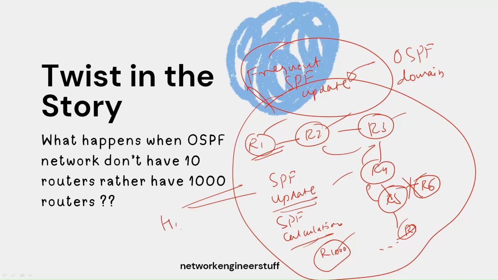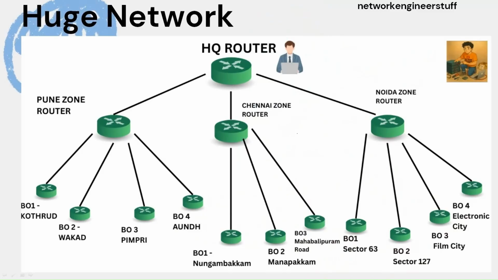So this will result in something known as high CPU utilization, and also high bandwidth utilization. Of course, the bandwidth which is meant for data is utilized by the frequent SPF updates. So this can result in these two issues, which is not correct.